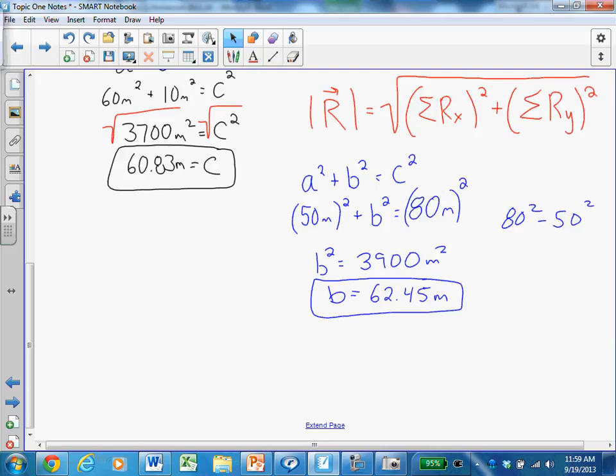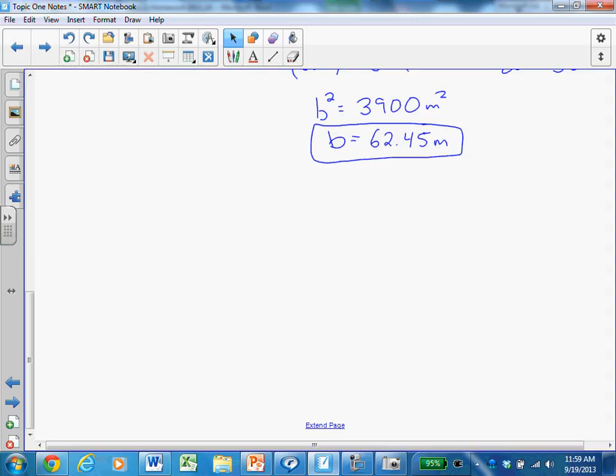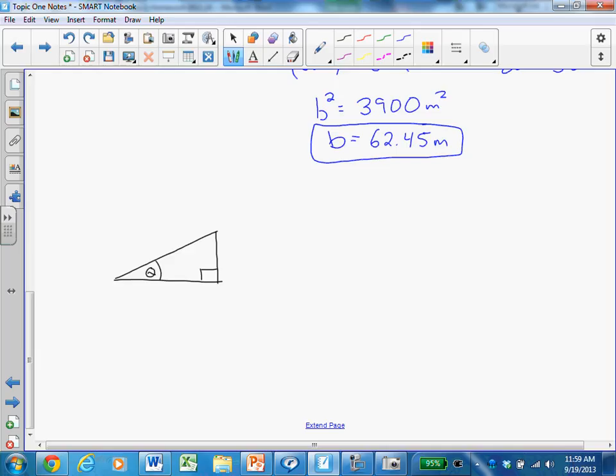Okay? Now, if you have a triangle, we name some sides. We name that theta, and we call this the hypotenuse, H. This is the opposite, O, and this is the adjacent, A, right?